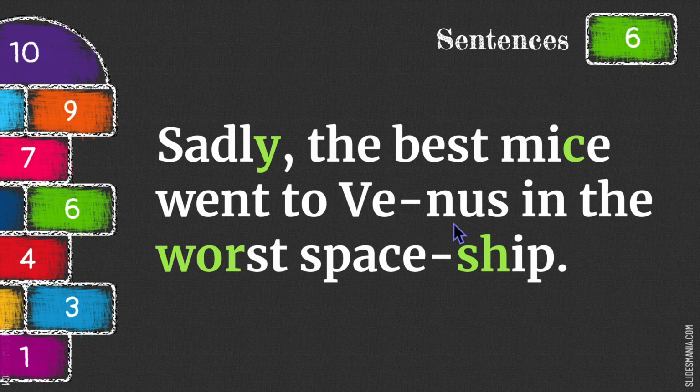Venus, Venus, in the worst spaceship. Sadly, the best mice went to Venus in the worst spaceship. Now, spaceship is actually one word, but I put the hyphen in here to make it easier to read.